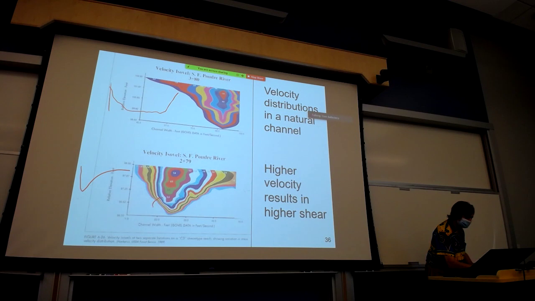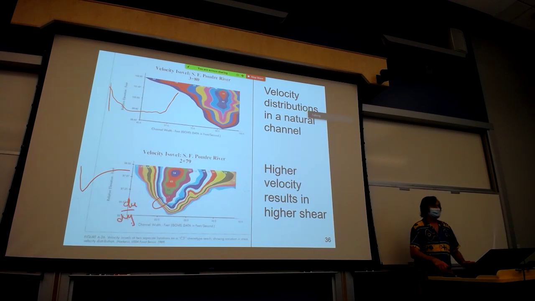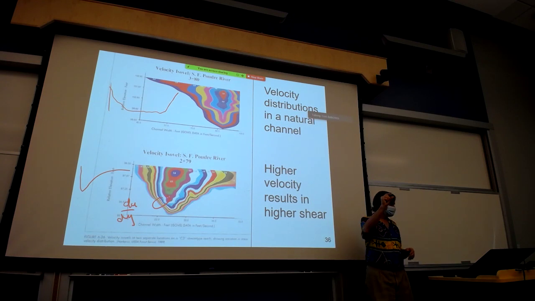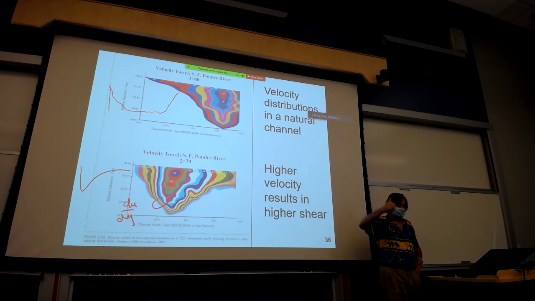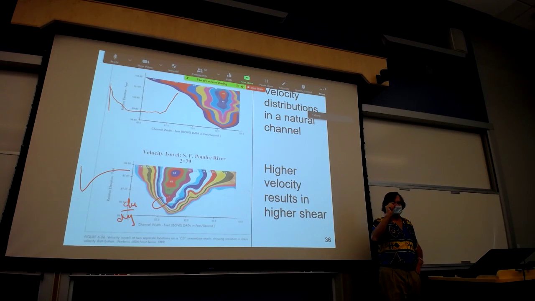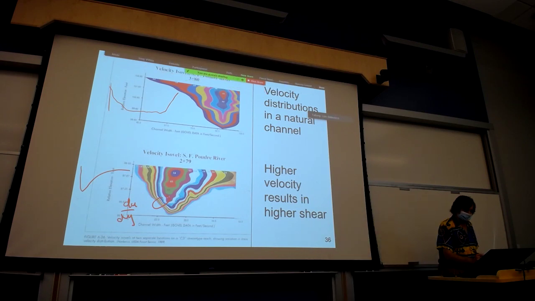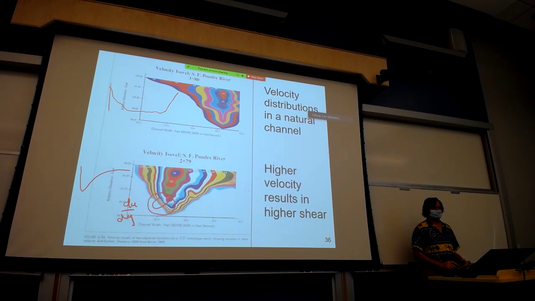And what you see is, again, these colors are zones of constant velocity and they're constant intervals apart. When the color ribbons get thinner and thinner, du dy is getting larger and larger. You're getting a big change in velocity over a small distance. So where would you expect erosion in a stream like this? Right down here.